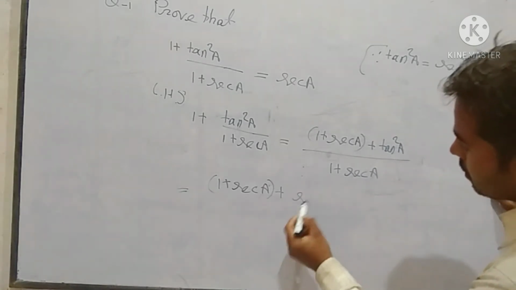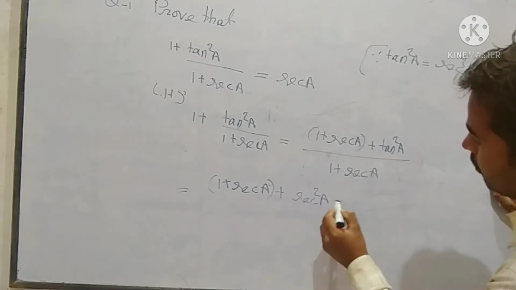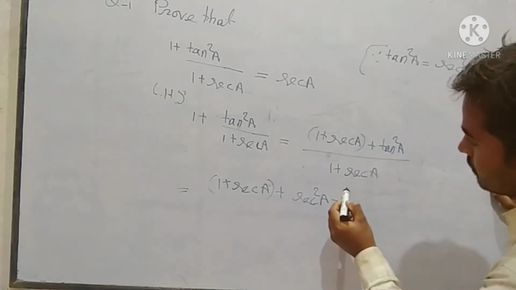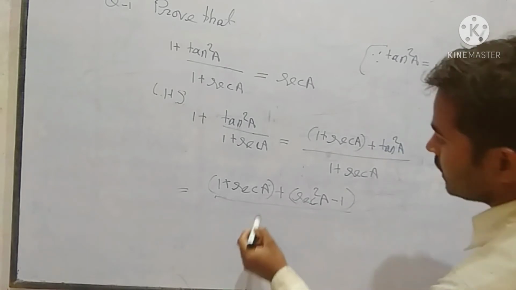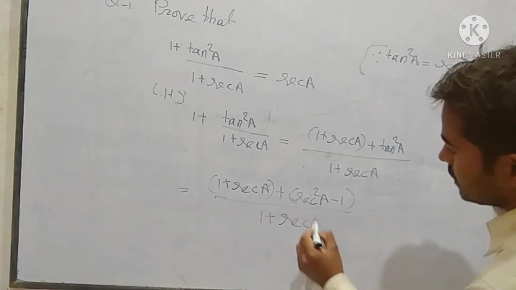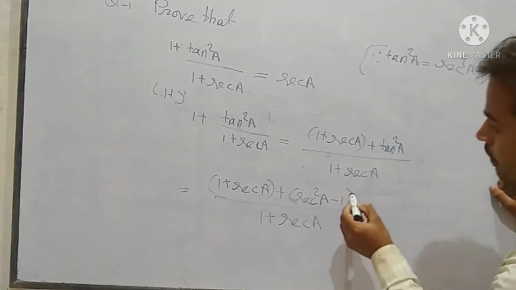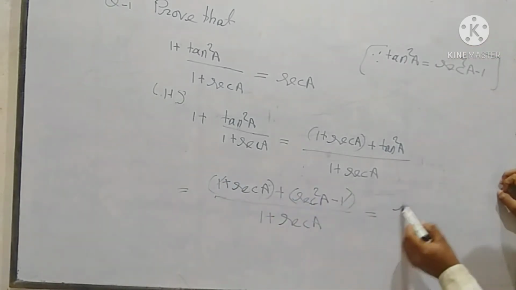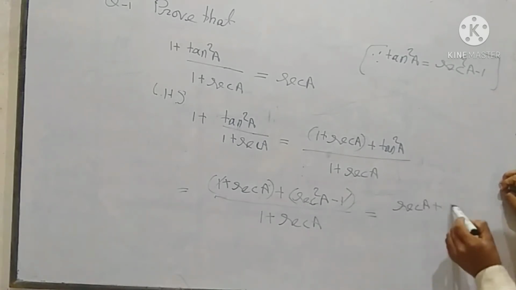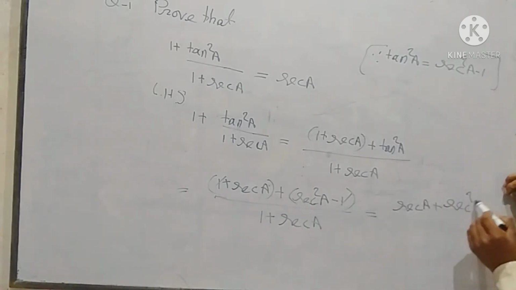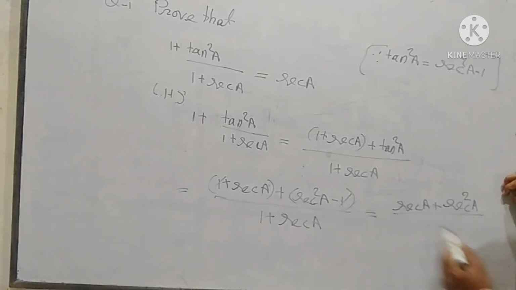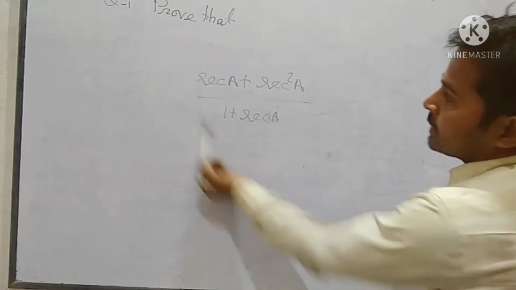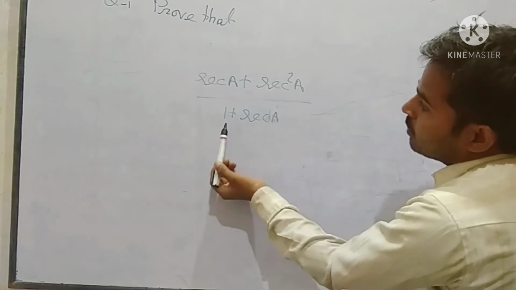So (1 + sec A + sec²A - 1) whole divide (1 + sec A). So minus 1 plus 1 cancel, and we get (sec A + sec²A) divide (1 + sec A).